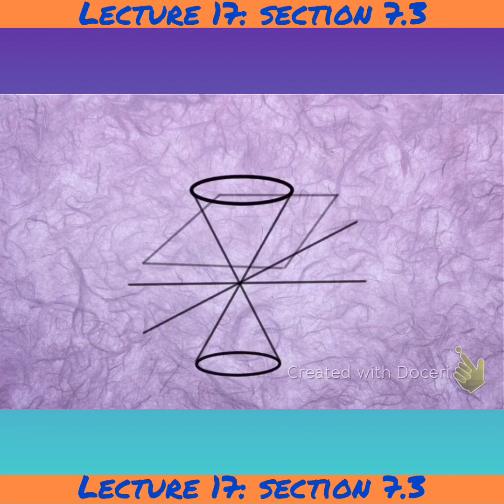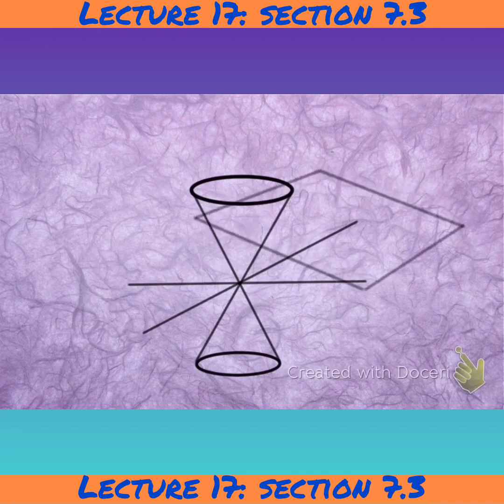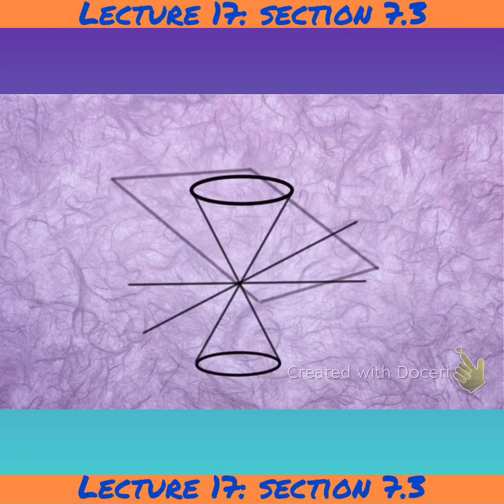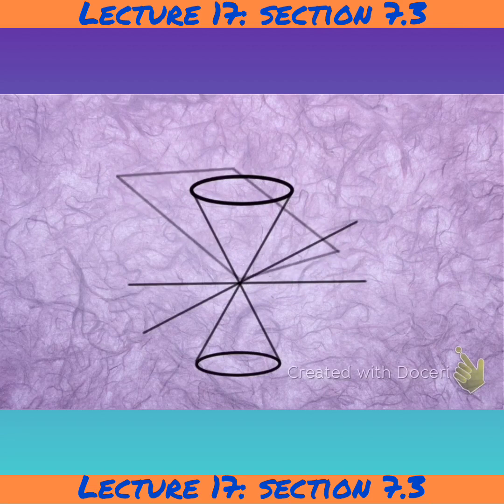So if it's that case, then obviously we've got an intersection, and the intersection is pretty much a circle. Or you could have a situation where you are intersecting it in that particular way, and then you have a slightly different scenario.